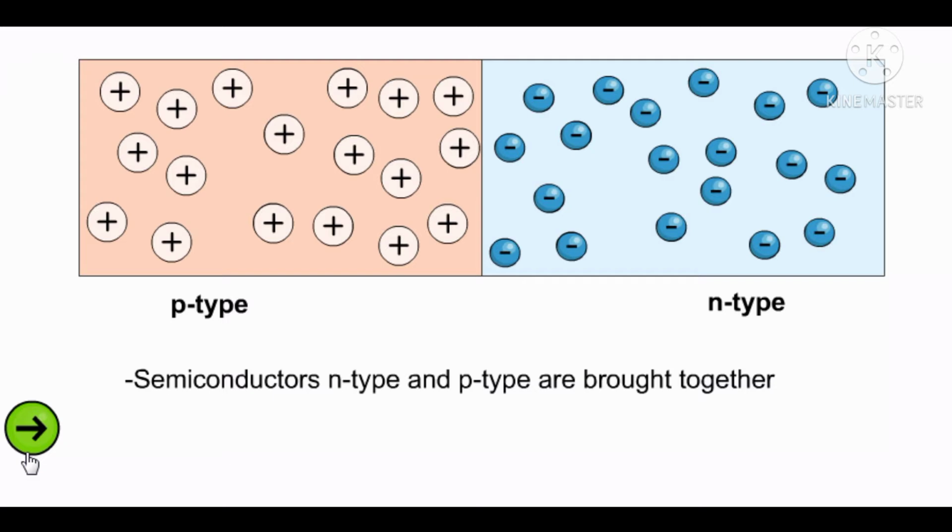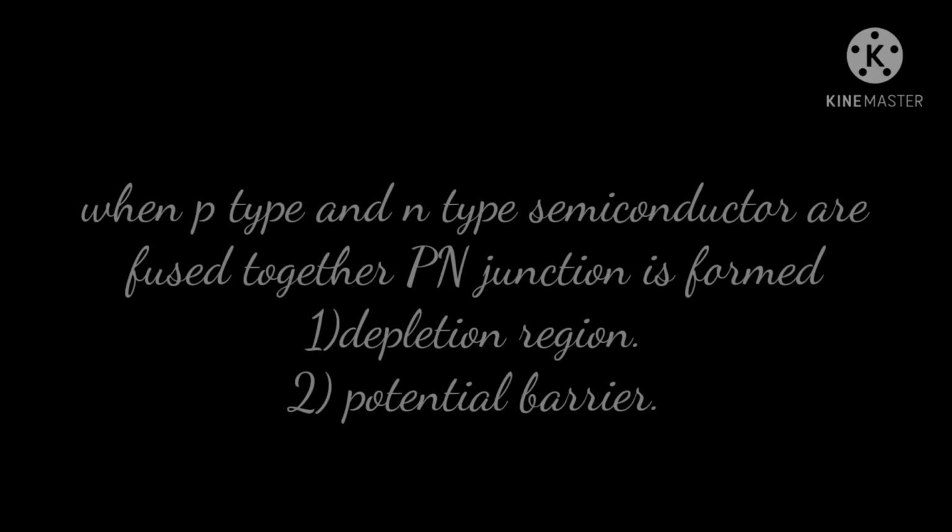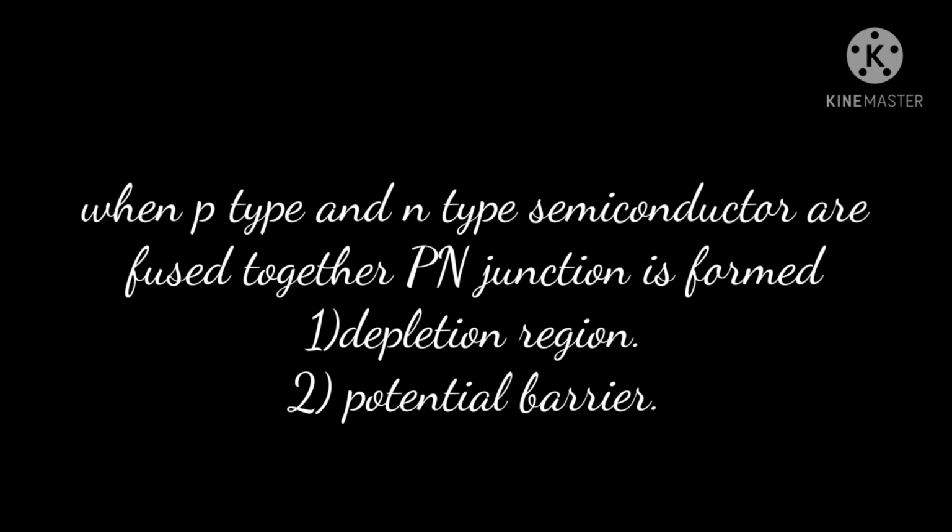Already we know that plus circles indicate holes, and in n-type semiconductor there is a minus sign in circles. These indicate electrons. When n-type and p-type semiconductor are brought together, there is a formation of a p-n junction.